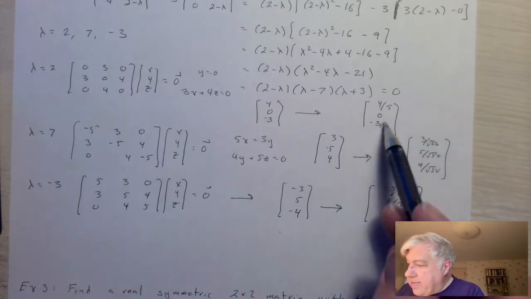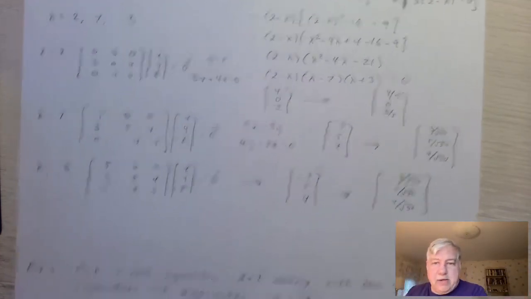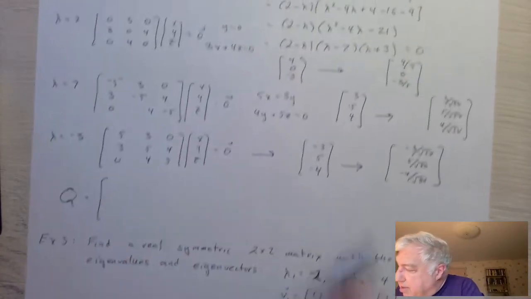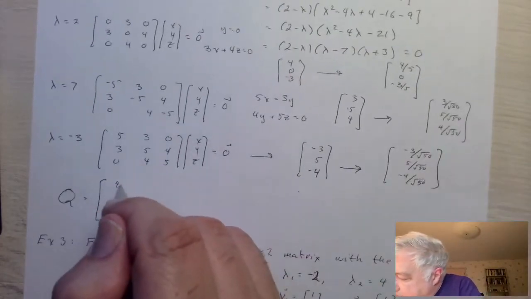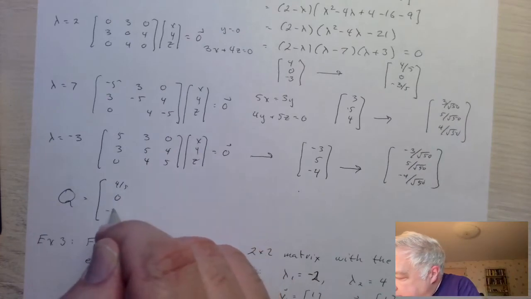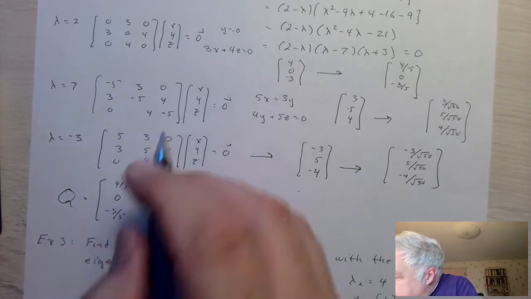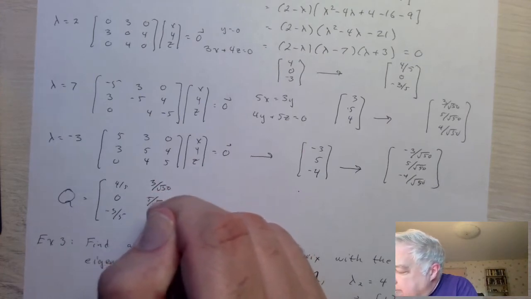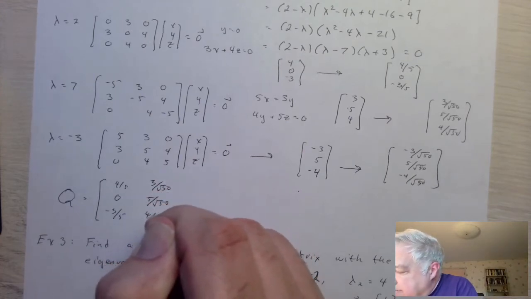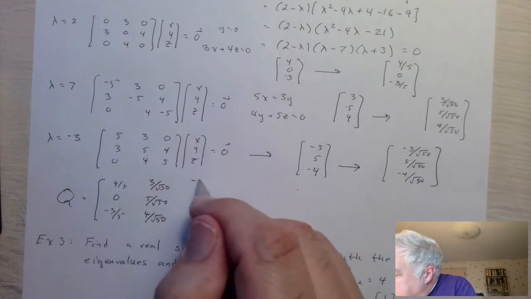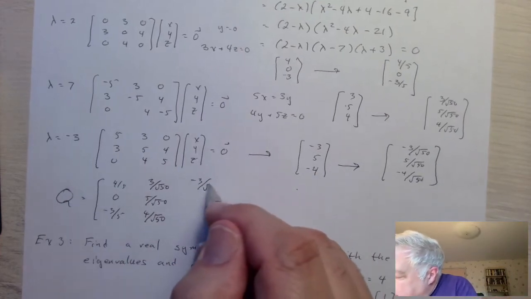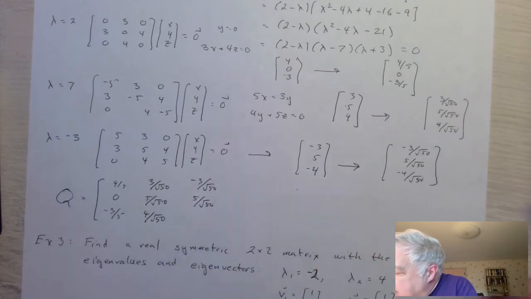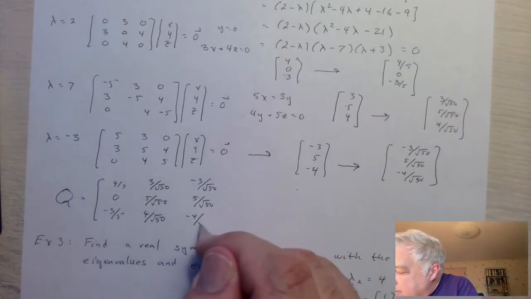So we can take these to be the three columns of our matrix. So this is Q. We can just take Q to be 4/5, 0, -3/5, 3 over square root of 50, 5 over square root of 50, 4 over square root of 50, and -3 over square root of 50, 5 over square root of 50, and -4 over square root of 50.